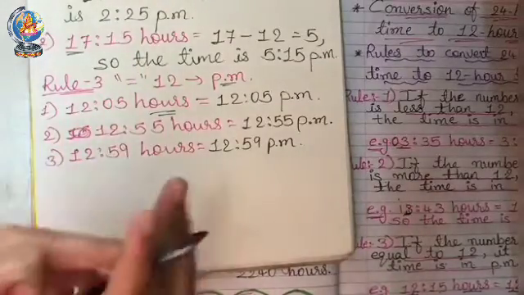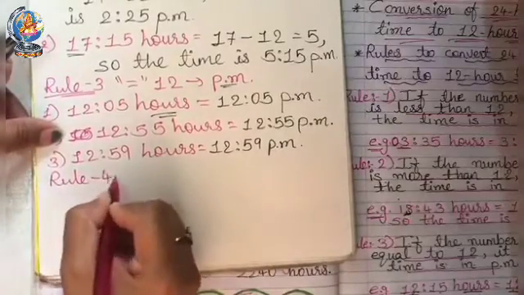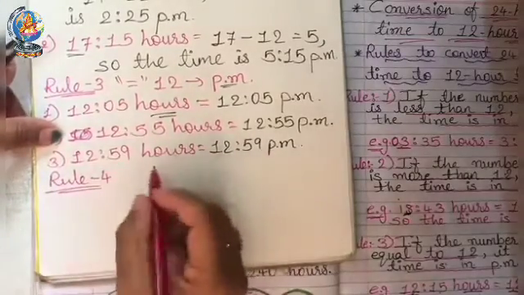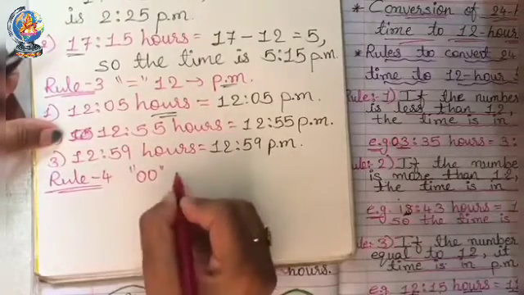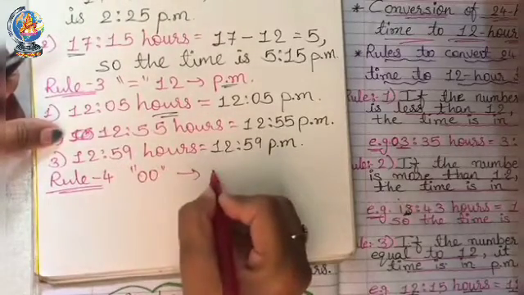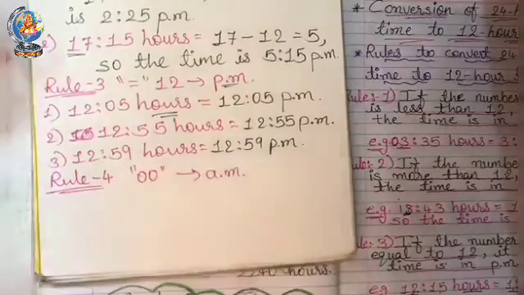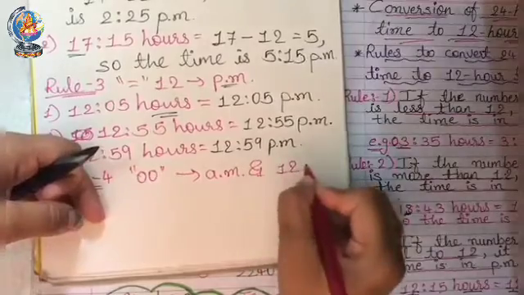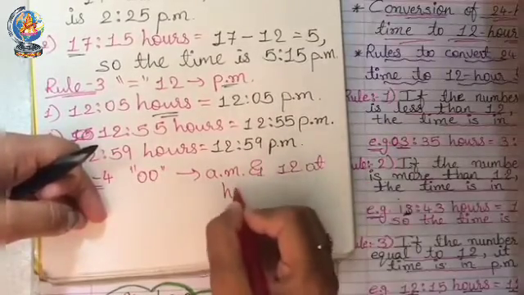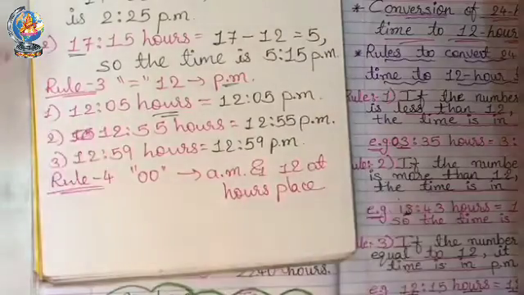Rule 4: it will be 0, then you have to write AM, and 12 at the hours place. Fine. Let me give you one example.